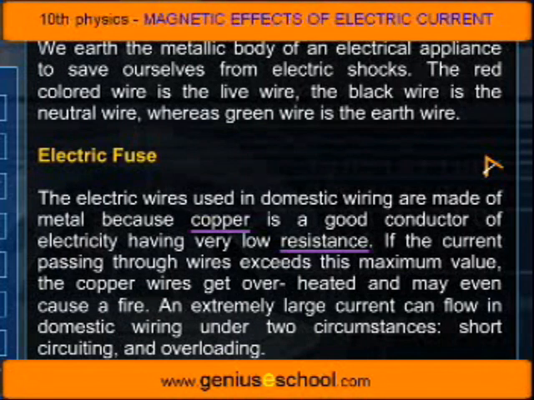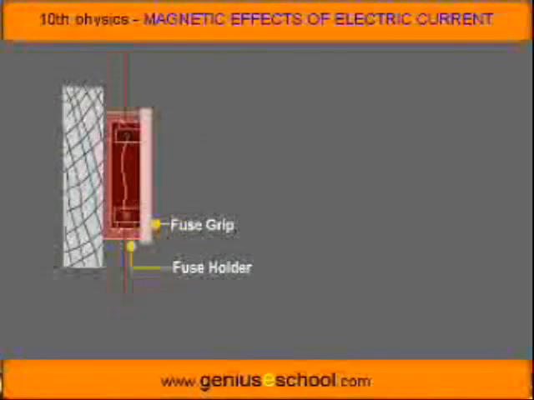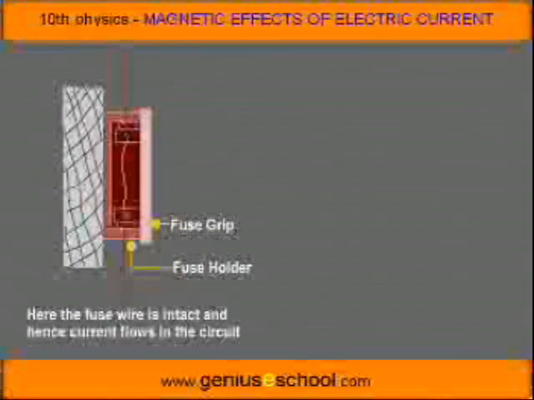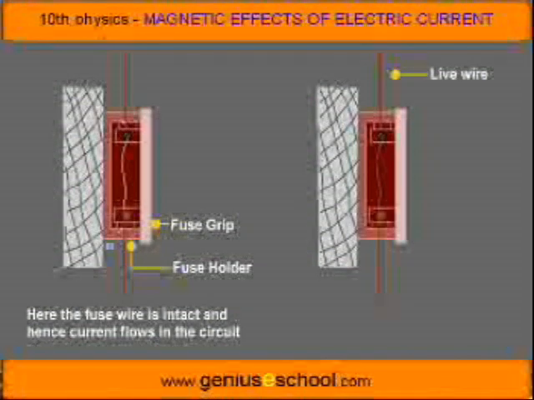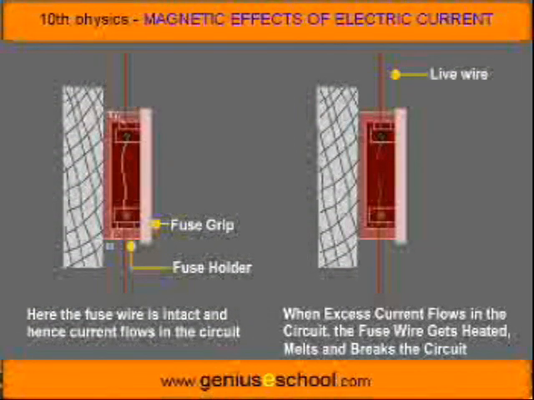Electric fuse. The main fuse in domestic wiring consists of a porcelain fuse holder H having two brass terminals T1 and T2 in it. This is connected in the live wire. The other part of the fuse is a removable fuse grip G, which is also made of porcelain. When the fuse grip is inserted in the fuse holder as shown in the figure, then the circuit of our domestic wiring is completed.